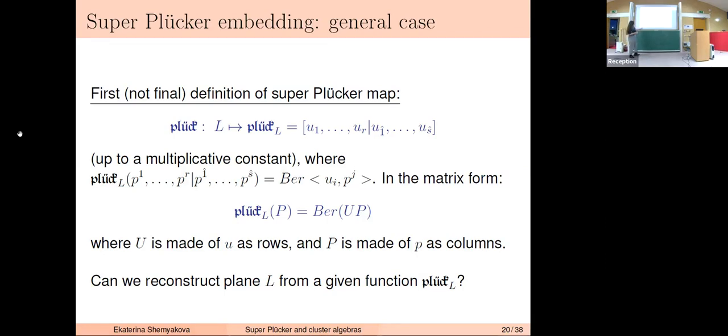You take L, you take its generators, one of these bases, u_1, ..., u_r, and then you map it into the simple wedge product as I described above, which is simply mapped into the Berezinian of U times P. You can think about it this way: you make the matrix U, as we've seen before, with rows made of the u's. P is made of the vectors as columns, and you can see the form.